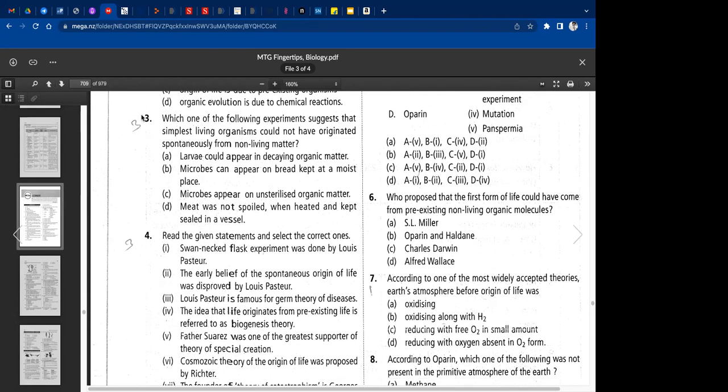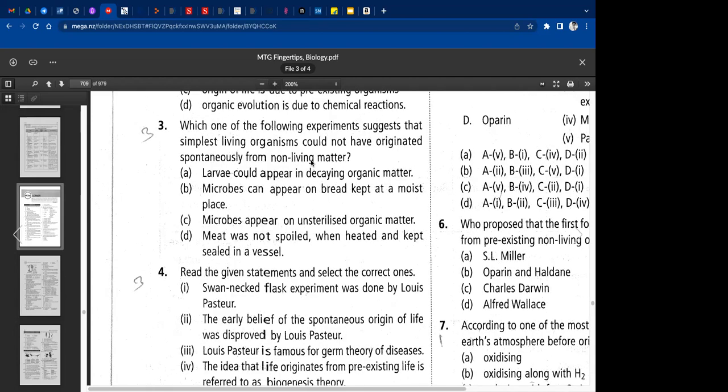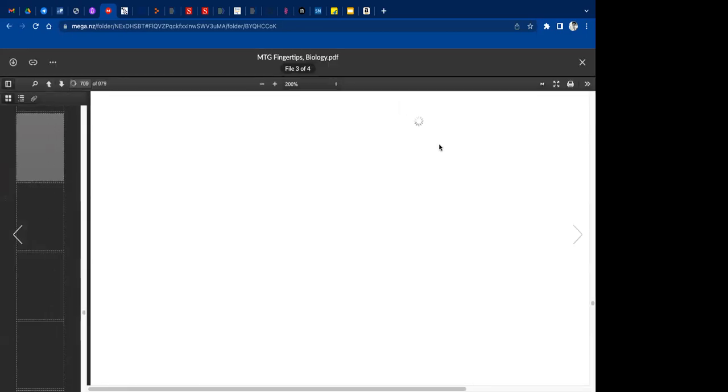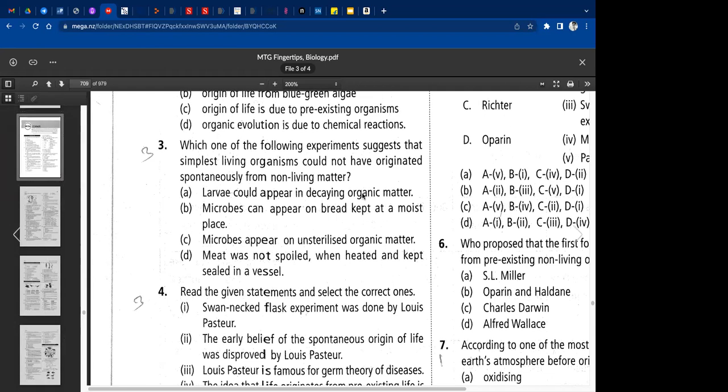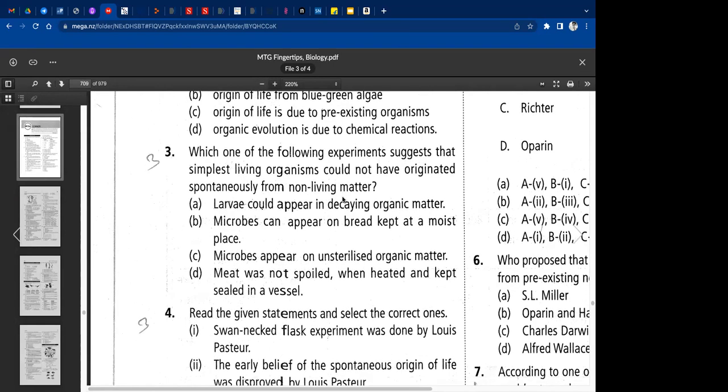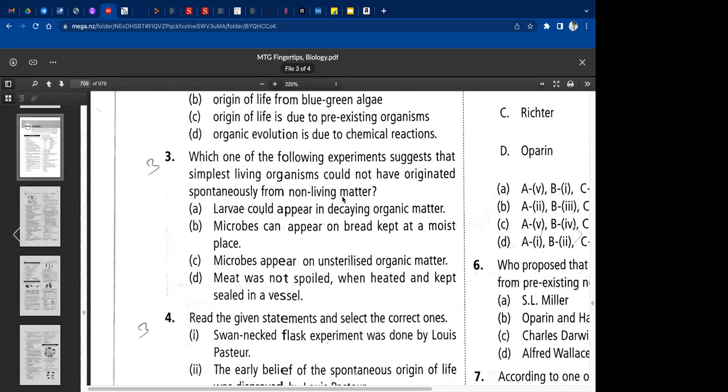Okay, question number 3. It's about origin of life, use some concepts. So Donna, would you like to read question number 3? Which one of the following experiments suggests that simplest living organisms could not have originated spontaneously from non-living matter?